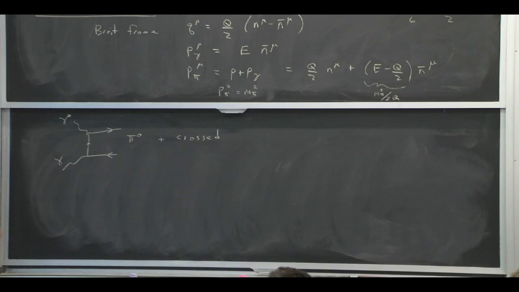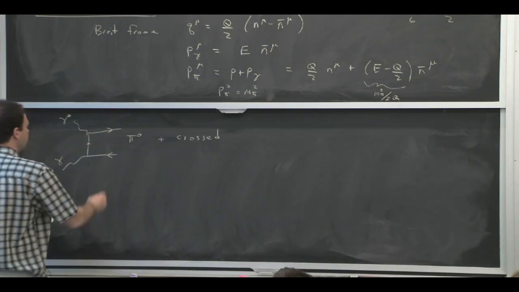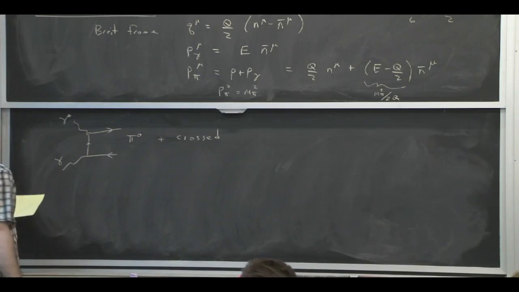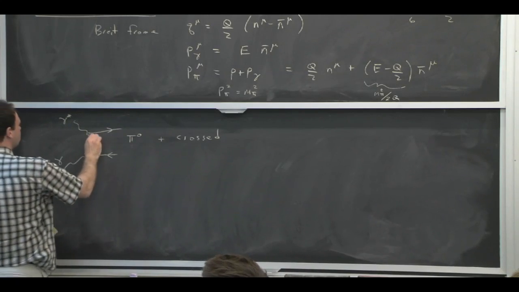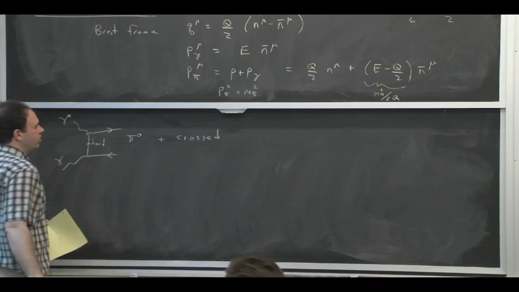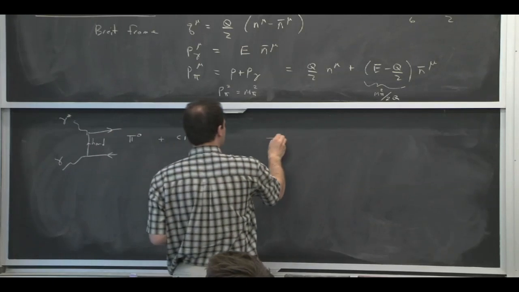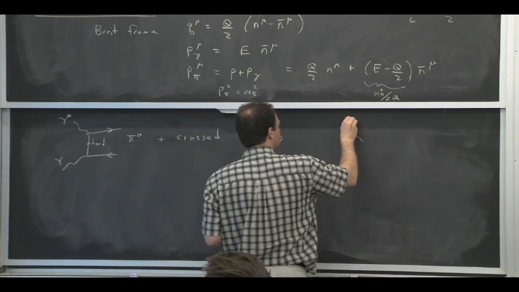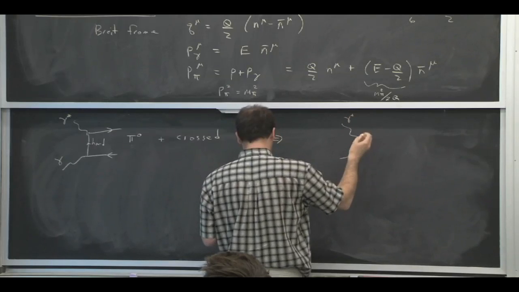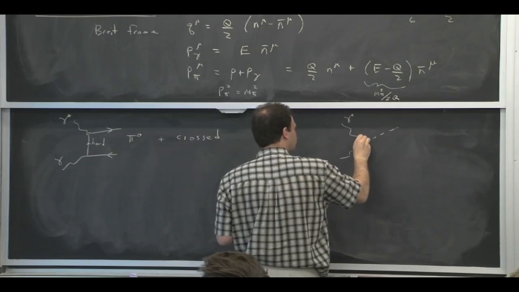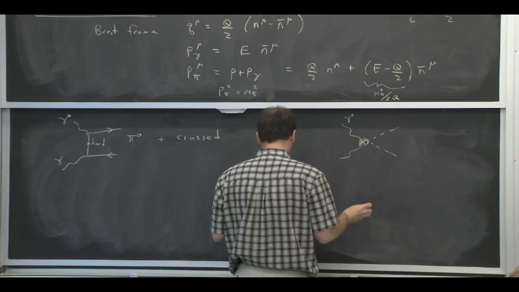And then you find out that the pion is collinear. So the pion is collinear. The photon is a photon. This line here is hard. And so we want to integrate out the hard line and match this guy in the effective theory onto some effective theory operators that would look like this.